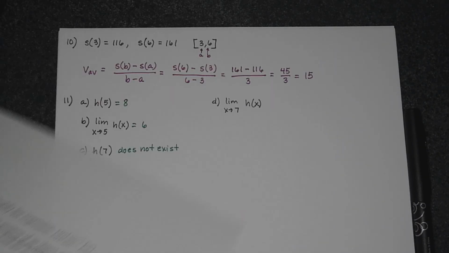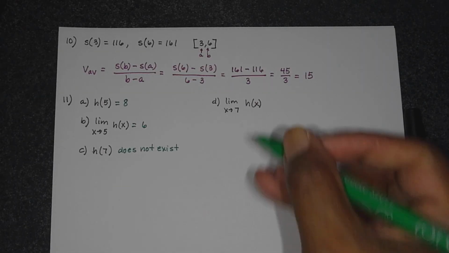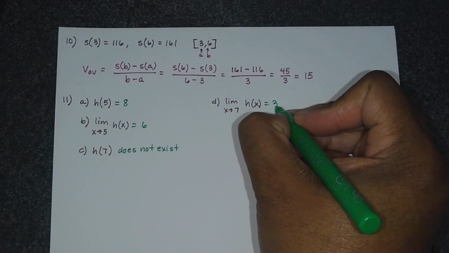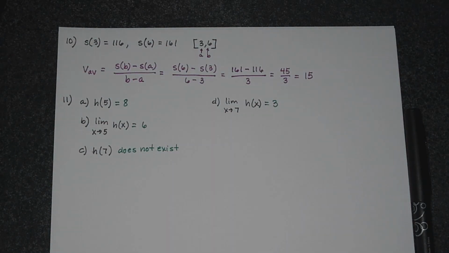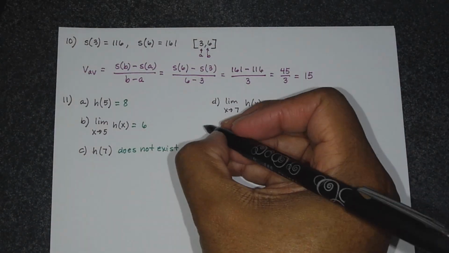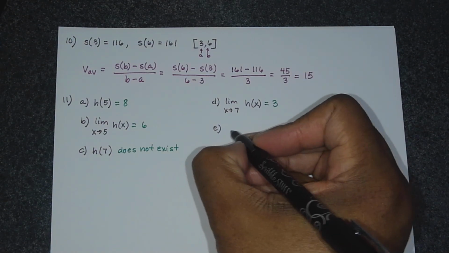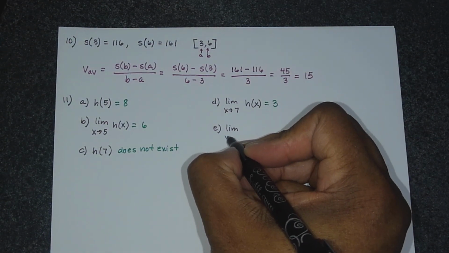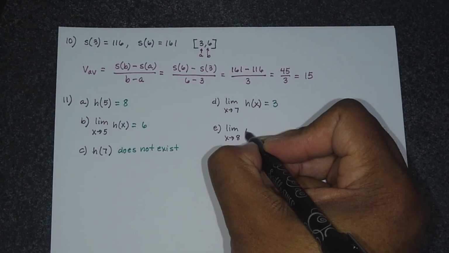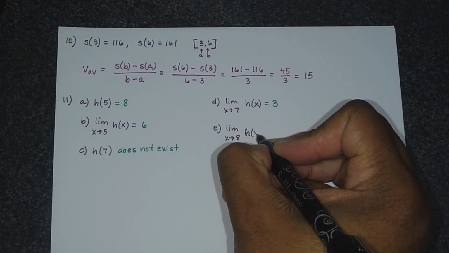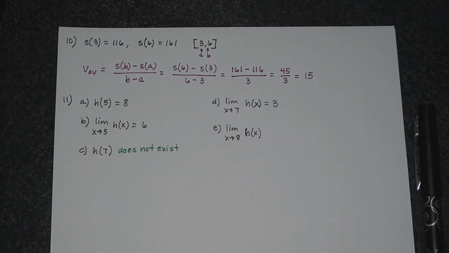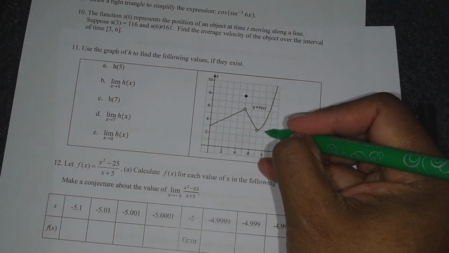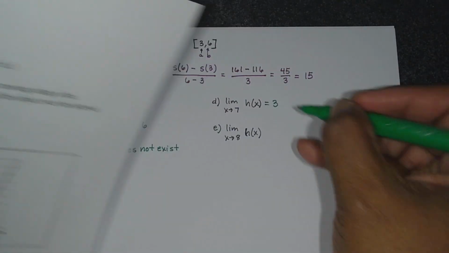Both the left and the right-hand limits approach the same value, so it'd be 3. And part E, the limit as x approaches 8 of h of x. I believe that's 4, because at 8 it's going to be 4.